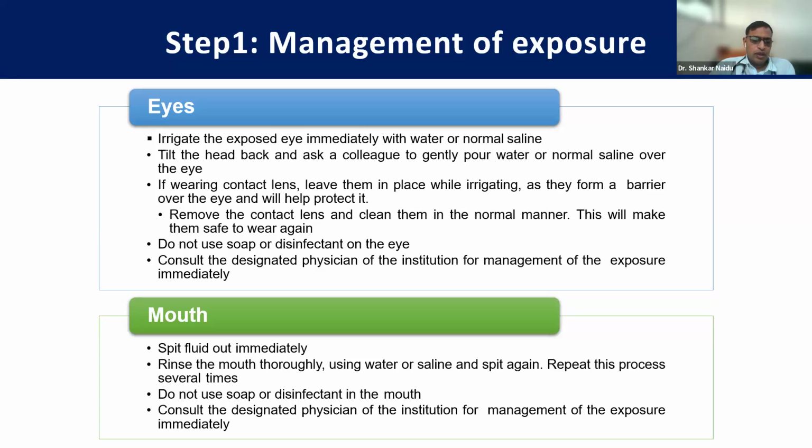When there is an exposure to the mouth, we have to immediately advise them to spit out the fluid, then rinse the mouth thoroughly with water or saline. Again, we should not use soap or disinfectant in the mouth because they can potentially damage the mucous membrane.